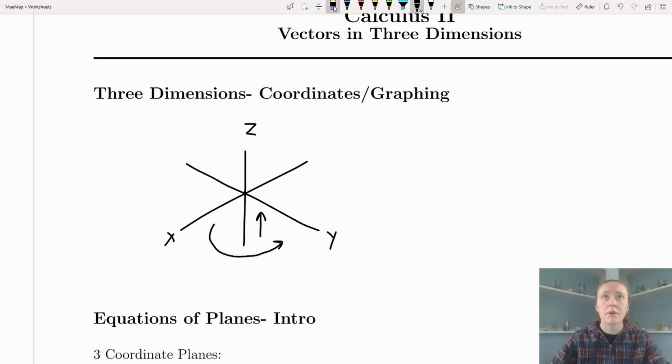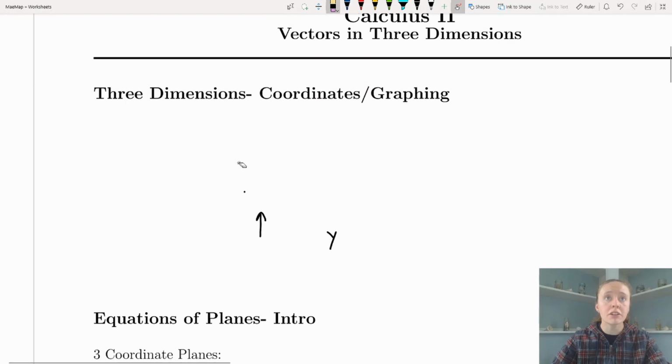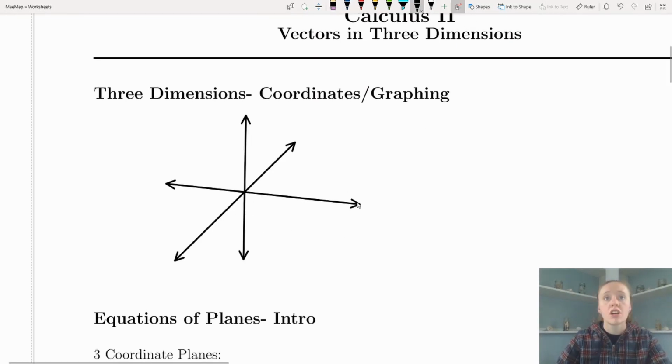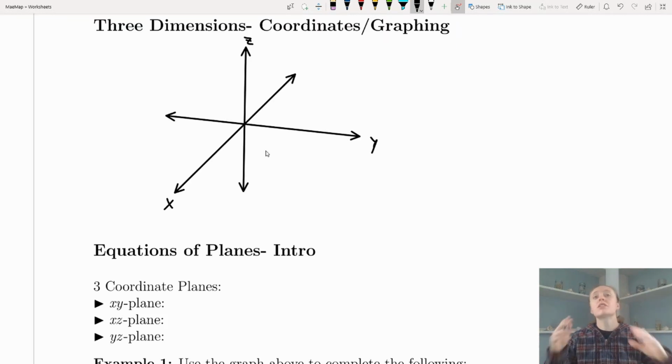Now, the nice thing about being on the computer is I'm going to make this a lot neater than it appears. So there you can kind of see my X, Y, and Z axes. So we took our familiar XY plane and added a third axis, that Z axis. So we went from working in 2 dimensions with quadrants to now working in 3 dimensions.